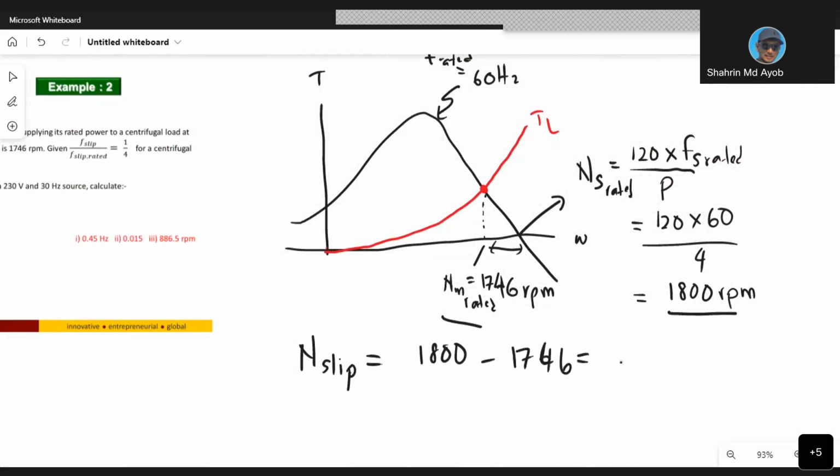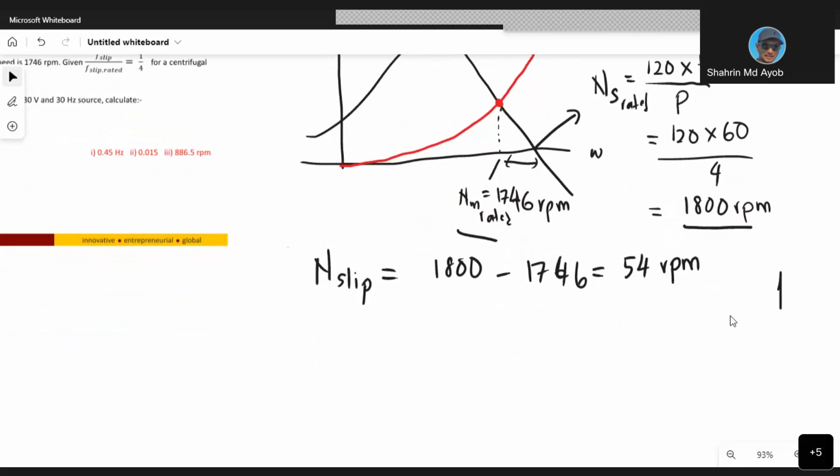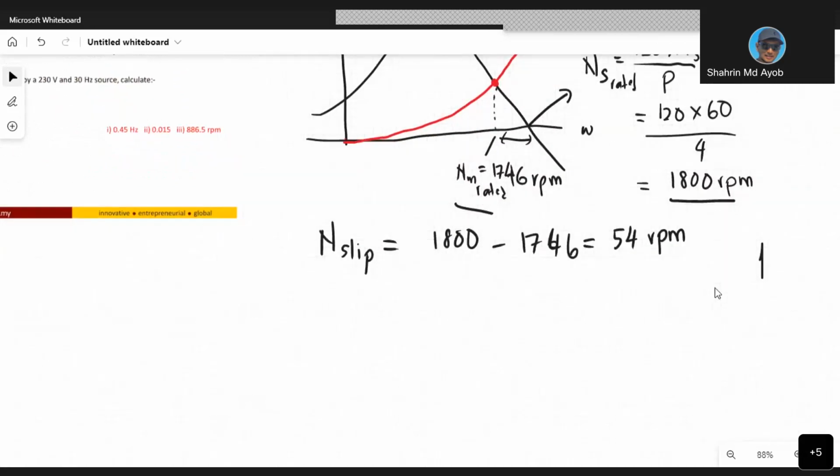Berapa dapat? 54 RPM. From that, you can calculate your slip, which is Ns minus Nr over Ns, right?